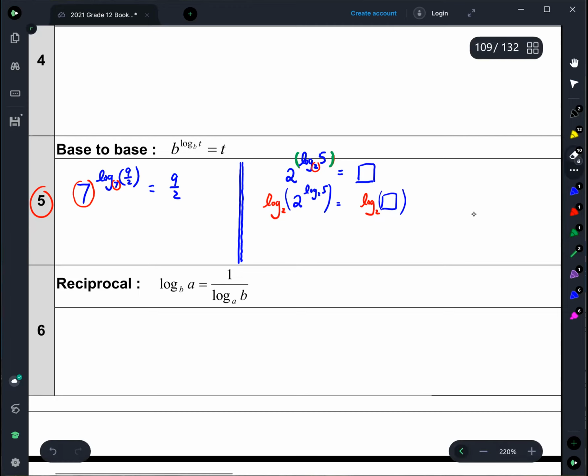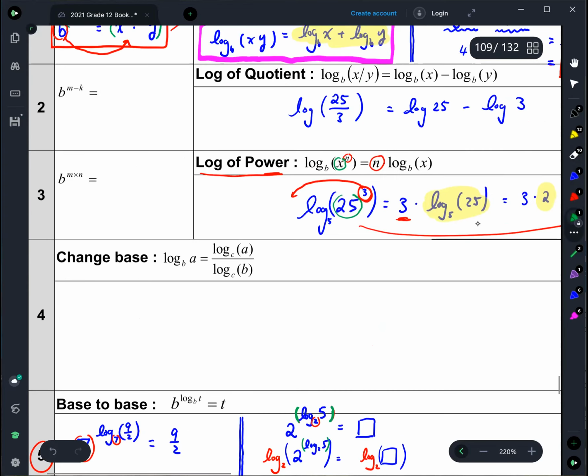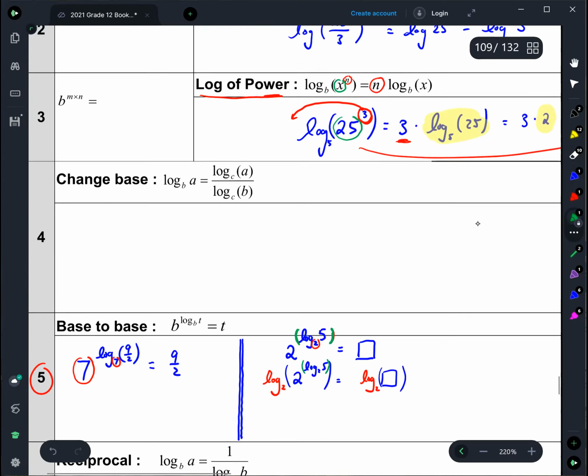All right, everyone got this step? Once you put the log on both sides, on the left side, the green part, which was the exponent, I can bring it down to the front because of our log of power, right? If there's an exponent, the third law, I can bring it down to the front.